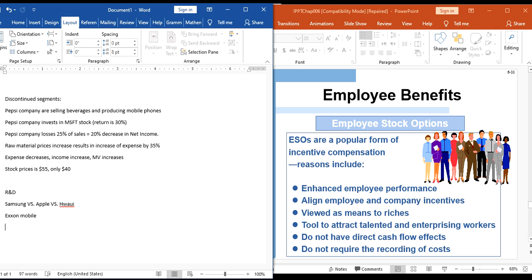So the board of directors are telling the CEO, for example, I'm talking here about ESOs, employee stock options. What are they? CEO, let's say the current stock price is $55.